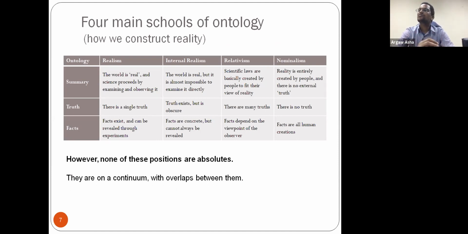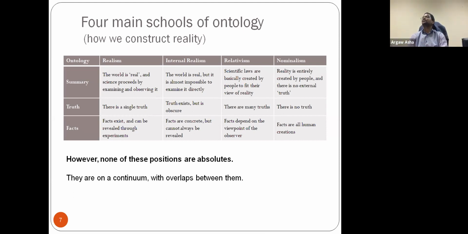In the case of truth, as realisms, researchers are saying that there is only a single truth for research. But when we come to internal realisms, okay, there is truth, but that truth becomes obscure whenever you are looking at your proposals, your research.